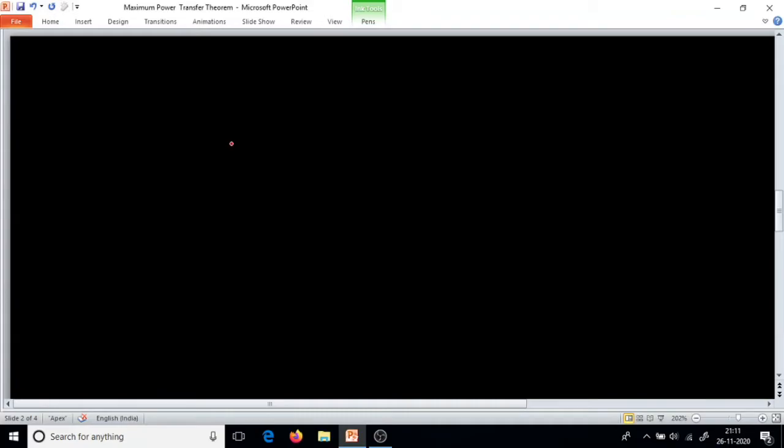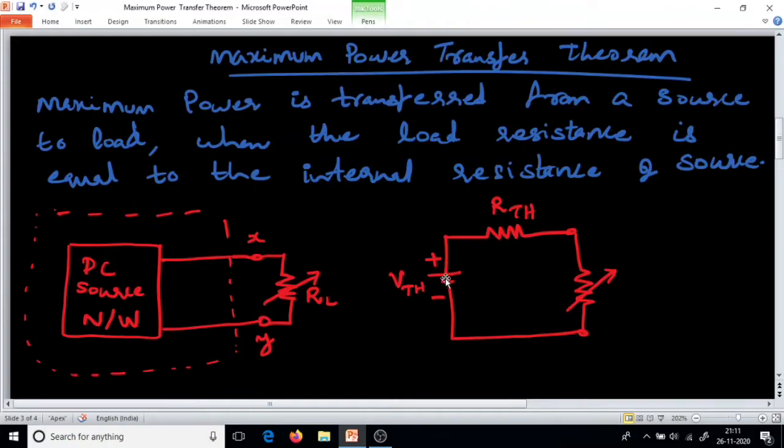Now if we see the power delivered to the load, power has to be delivered to the load only. What is the power equation? P equals V into I, or I square RL, because our load is RL. What is I here? I is VTH divided by RTH plus RL.